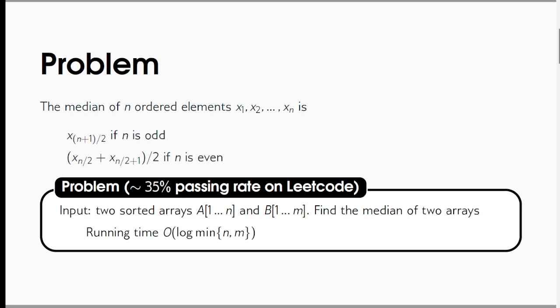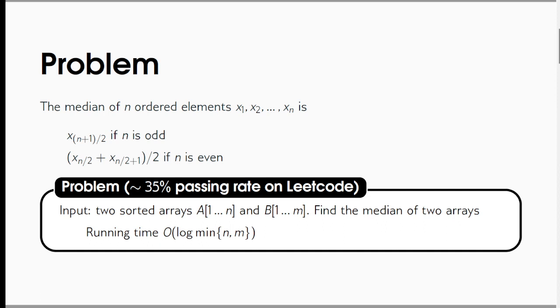The problem asks that we are given two sorted arrays, A of length n and B of length m. I will use the indexing that starts from 1 in this video.